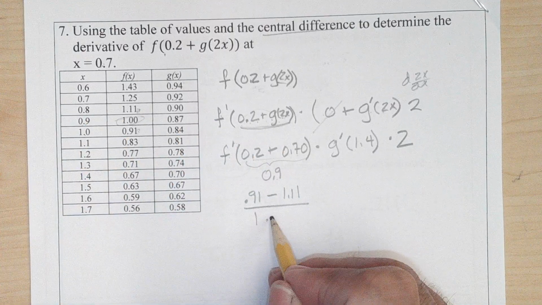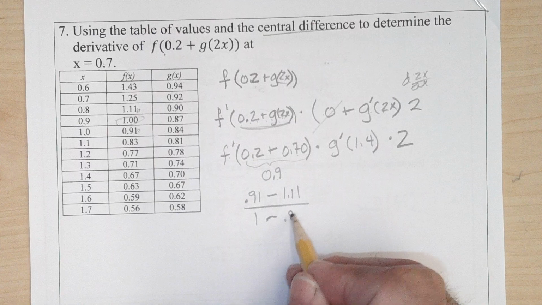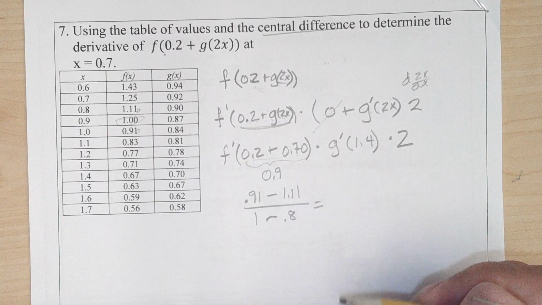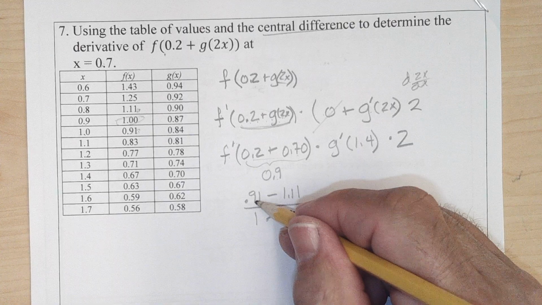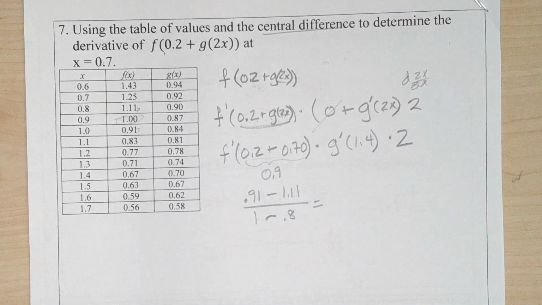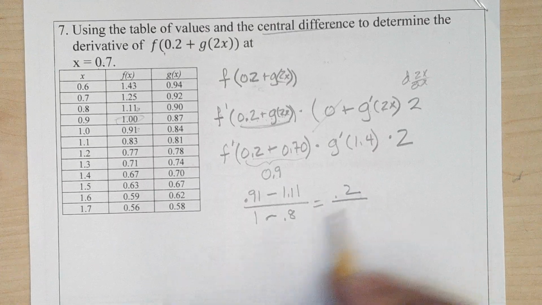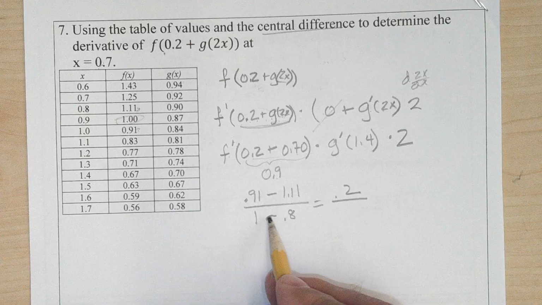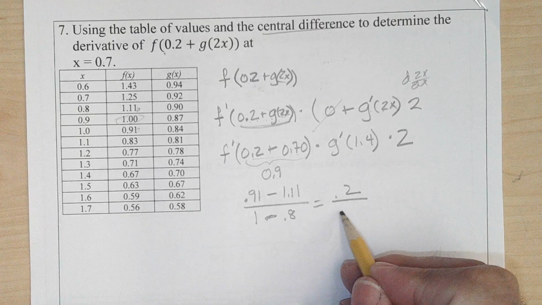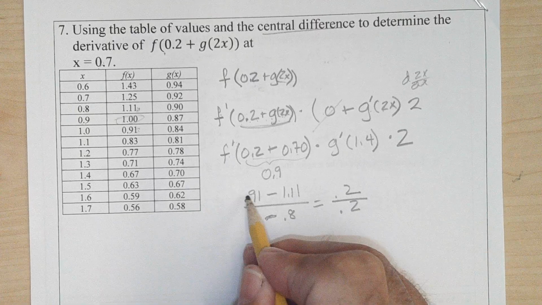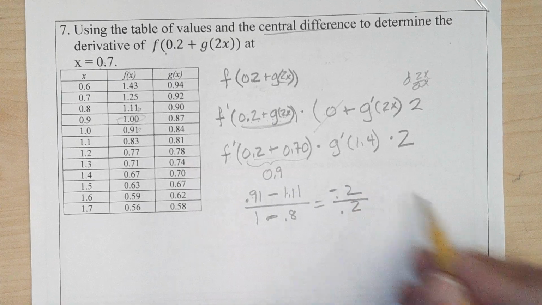But I'll write 1 minus 0.8. And so from here to there is 0.2, I should say. And 1 minus 0.8 is 0.2. Oh, this minus this is negative 0.2.